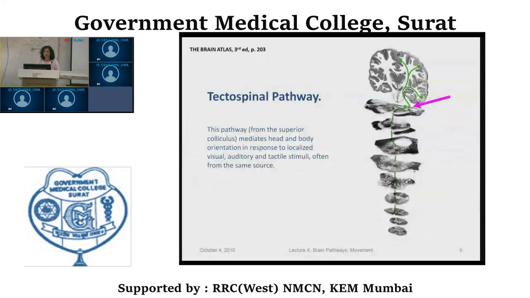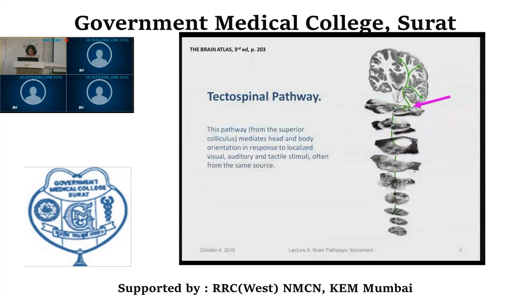It is the smallest pathway, running between the midbrain superior colliculus and the cervical region of the spinal cord. These pathways are mainly sensitive to visual stimuli, which are the input to the superior colliculus, and they are responsible for controlling the movement of the head to the contralateral side.